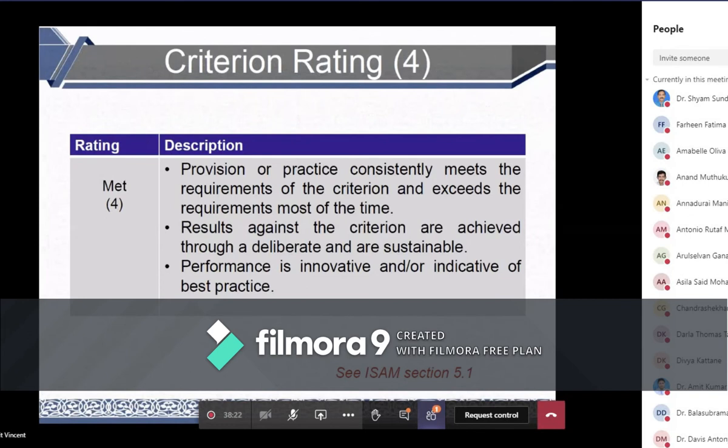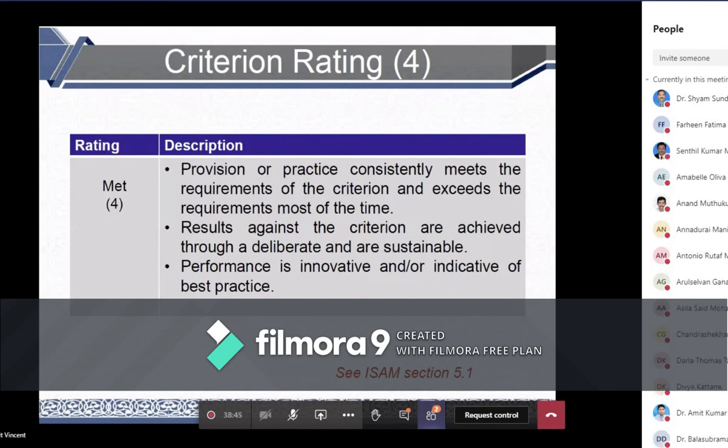Now, what are the ratings that we have? As we saw, we had ratings from 4 for criteria, which boils down to 0. So 4 is the top one, wherein all your provision and practice are consistently met. That means all your processes and all your mechanisms are meeting regularly.